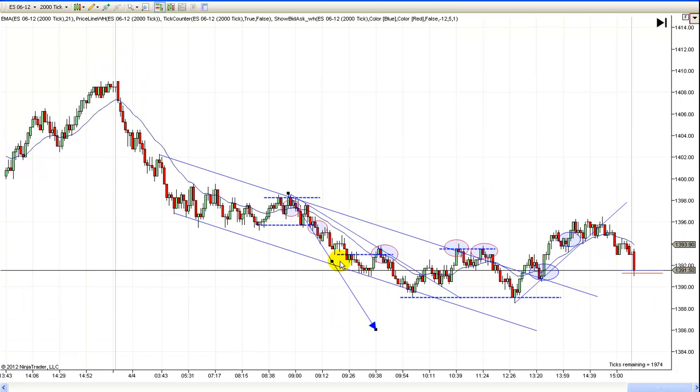We didn't quite make it, depending on how you measured this leg. If you measured it to right here, I think it's probably going to be real close, and we still didn't quite make it. But once we had this double bottom in place and a trend line break of this one and this one, and then a new low, that pretty much reversed it, at least for a short period of the rest of the afternoon.